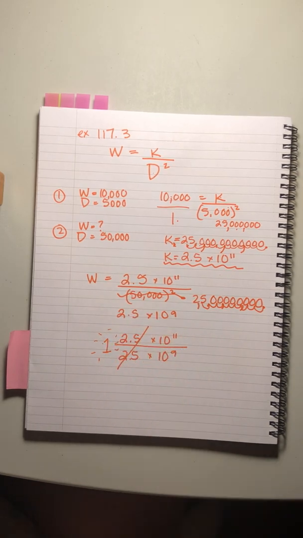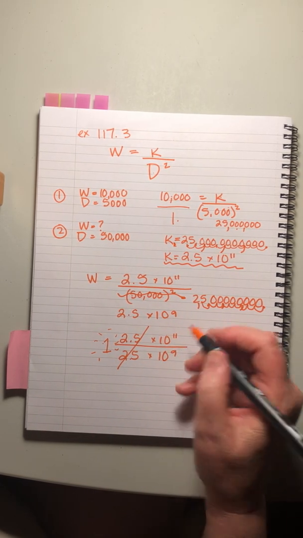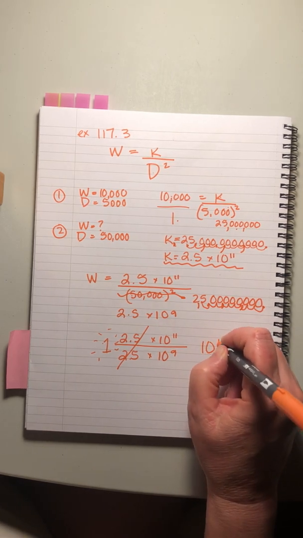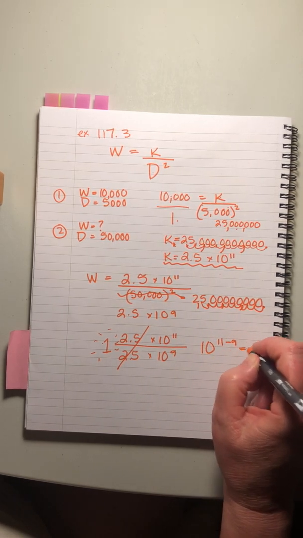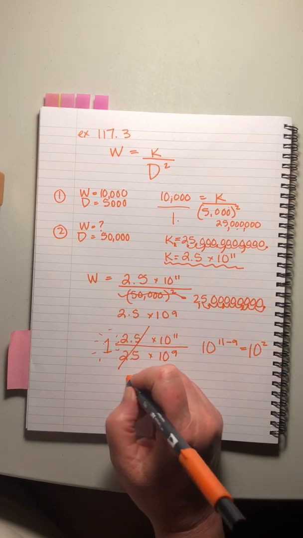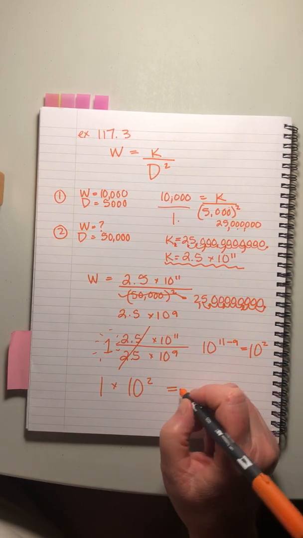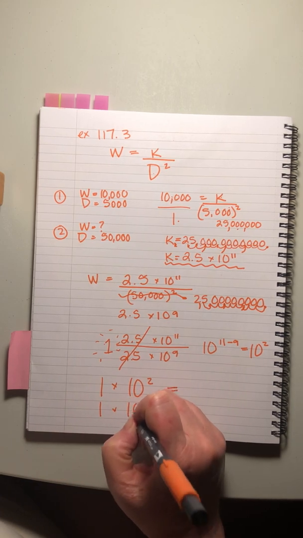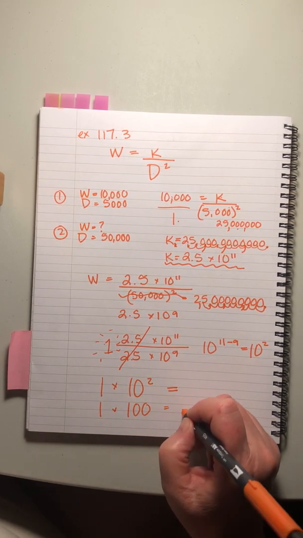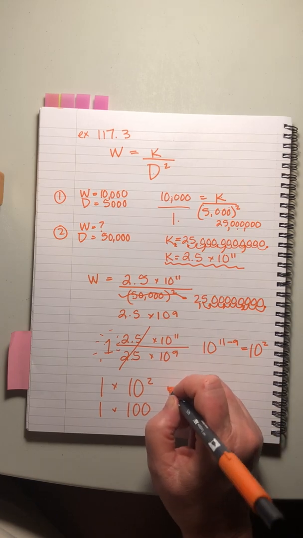That just simplifies to 1. And then remember, the rule here is we subtract. So this will be 10 to the 11 minus 9, which equals 10 to the 2. So our answer is 1 times 10 to the 2, which equals 1 times 100, which equals 100.